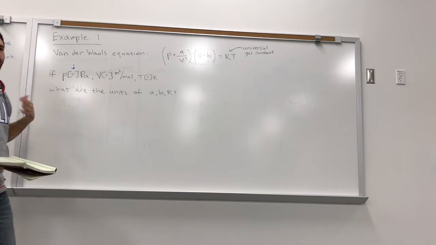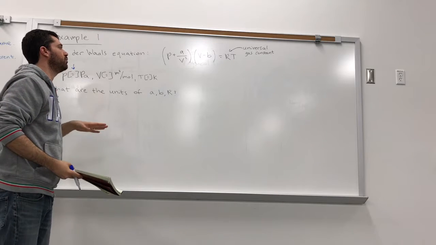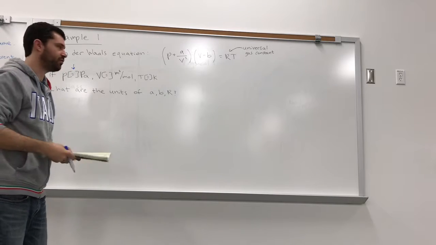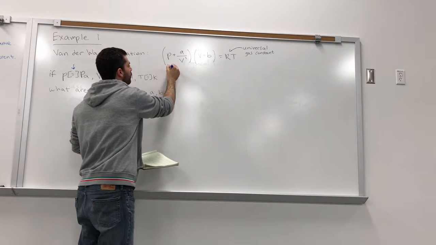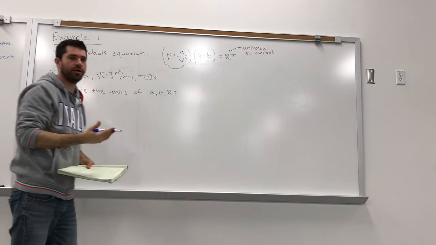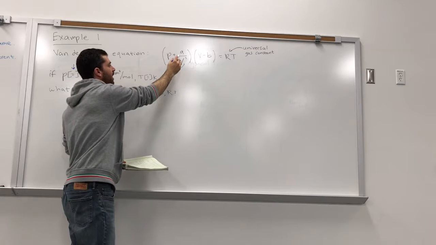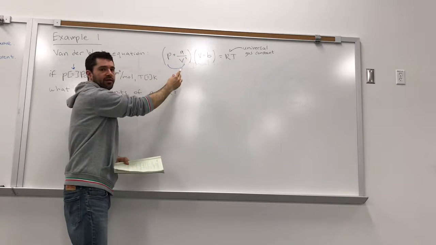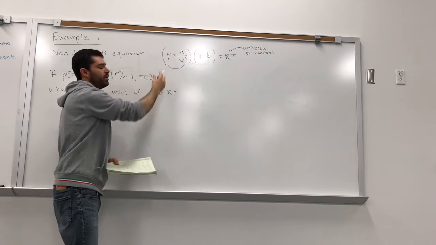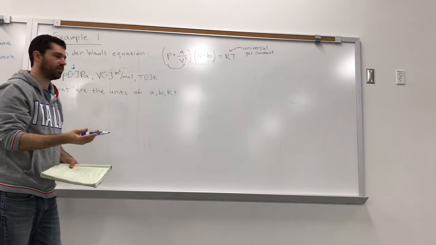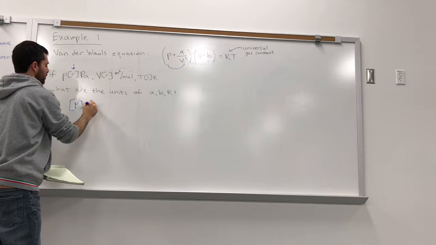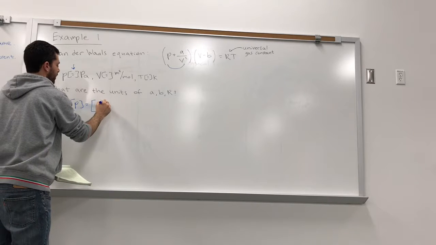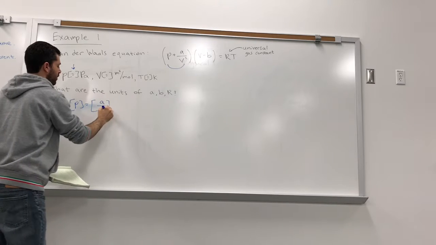So now we're going to apply the rules that we just talked about to figure out the units of these different variables. So when we're looking for A, we're looking at this first expression, right? And if we want to add the second term, A divided by V squared, to P, they have to have the same units according to the first rule. So the units of P are going to equal the units of A divided by V squared, right?